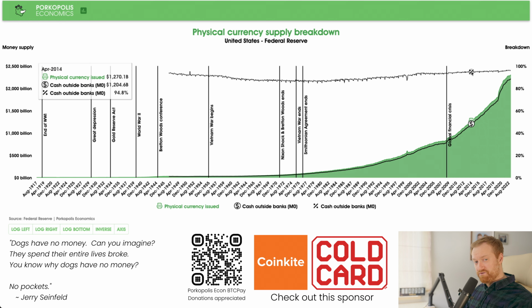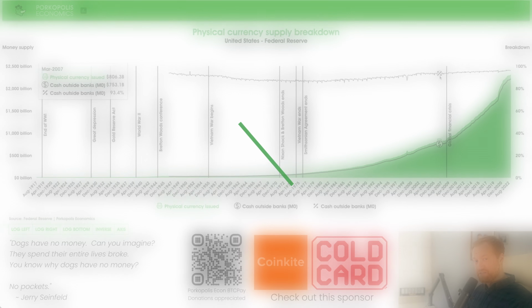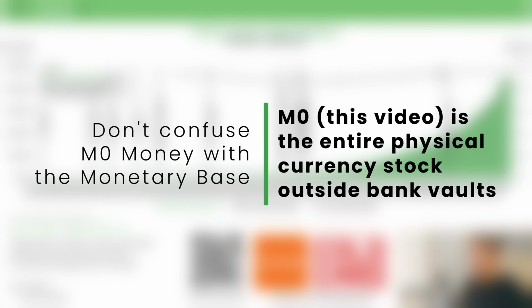You have to be careful, I hasten to say, with M0 in particular versus the monetary base, because there are a few central banks around the world, notably the Bank of England and the Reserve Bank of South Africa. They are two central banks in particular that call M0 the monetary base.